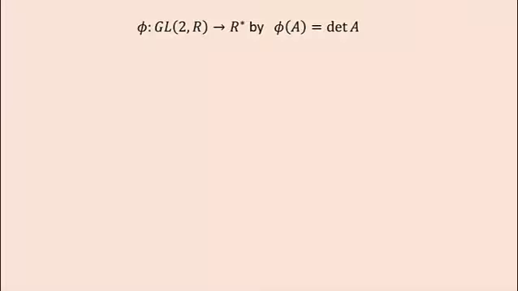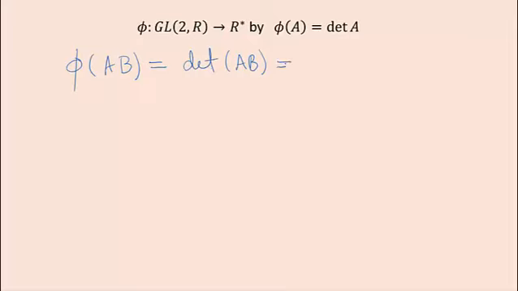Well, the first thing we should do is prove that it is a group homomorphism. So we'll take two matrices A and B in the general linear group. So let's say phi of AB. We know that the operation in the general linear group is matrix multiplication, and that will be, by our definition, the determinant of the matrix AB.